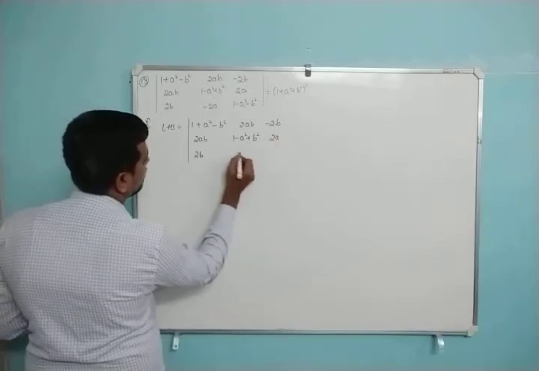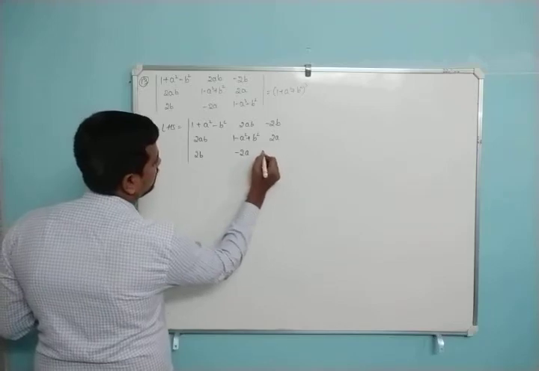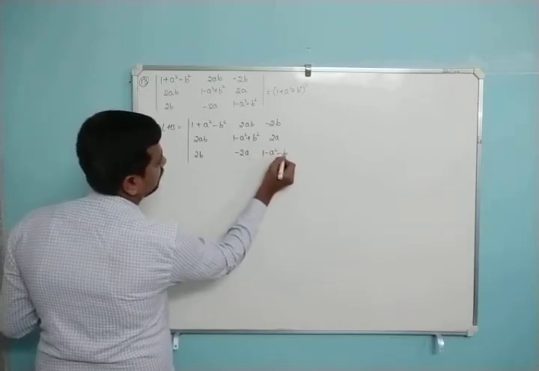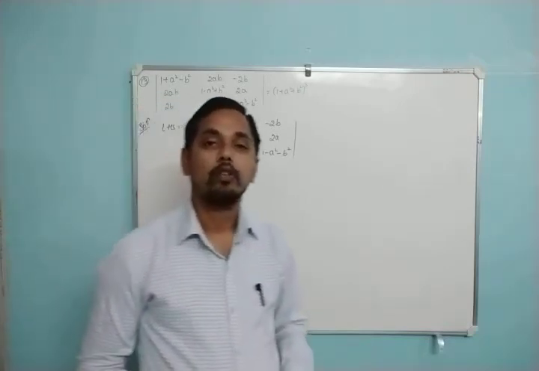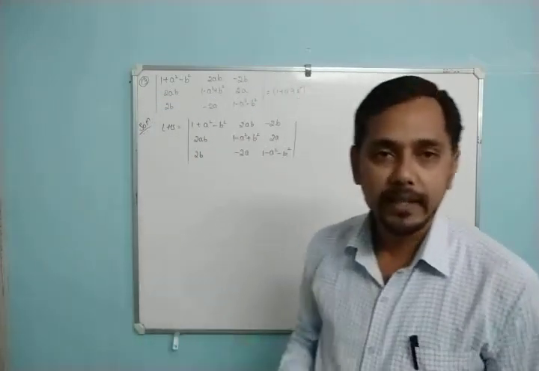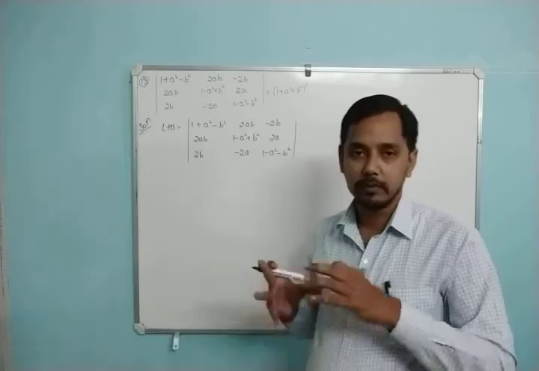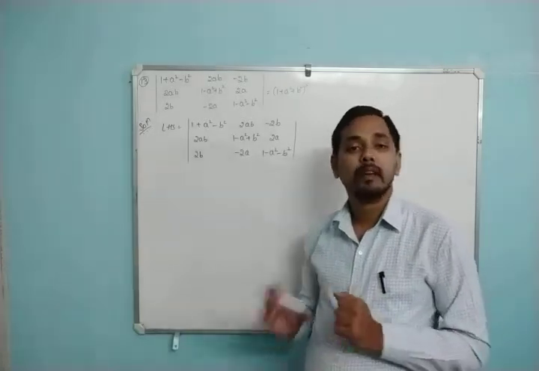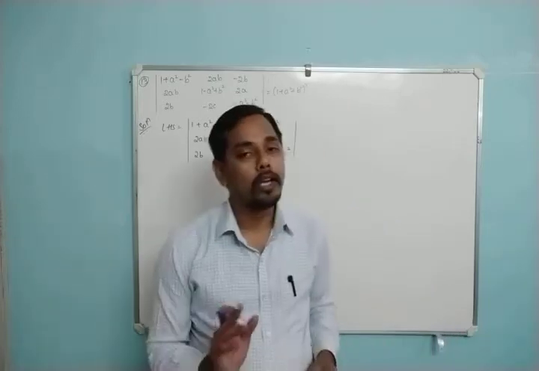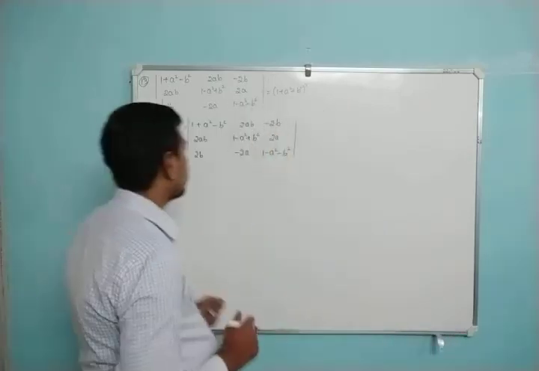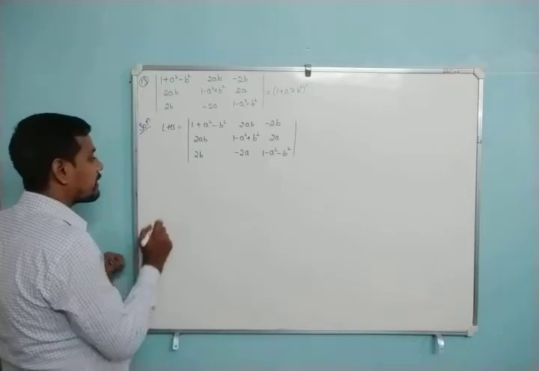This is 2b, this is −2a, 1 − a² − b². So now what we need to do is, as I said, apply certain transformations which will make it possible to take something common out of any one of the rows or any one of the columns. So now observe here carefully.